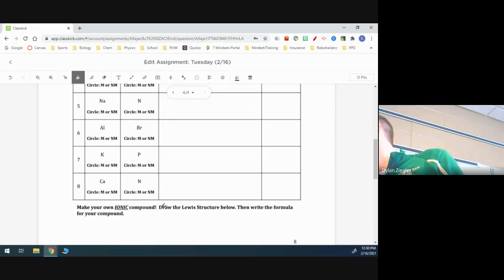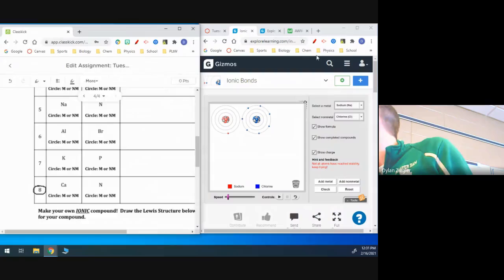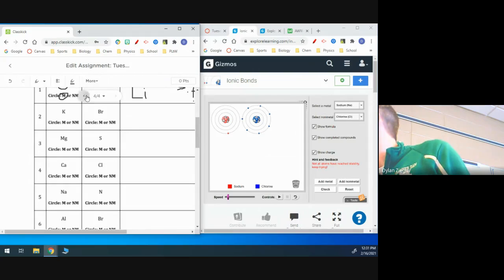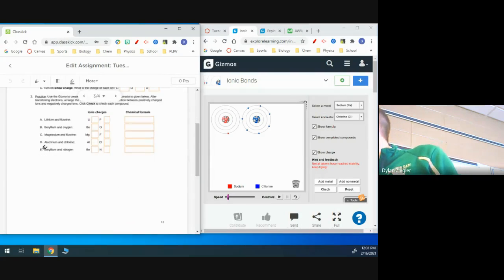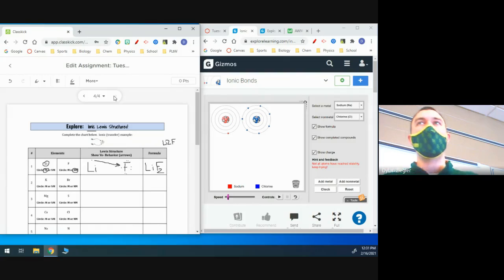I think this one right here is the toughest one out of all of them. And same with page 3, this last one here, this is the toughest one. The tough ones are going to have 2 of one atom and 3 of another, and you have to figure out which ones they are.